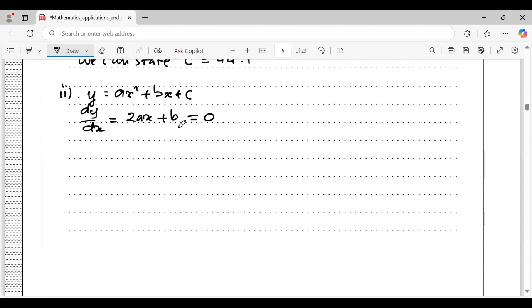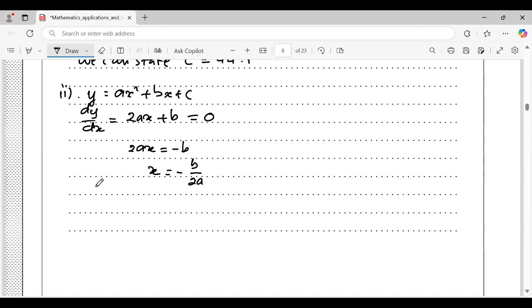After that, we can say 2ax plus b equals 0, so x equals minus b over 2a, like this.